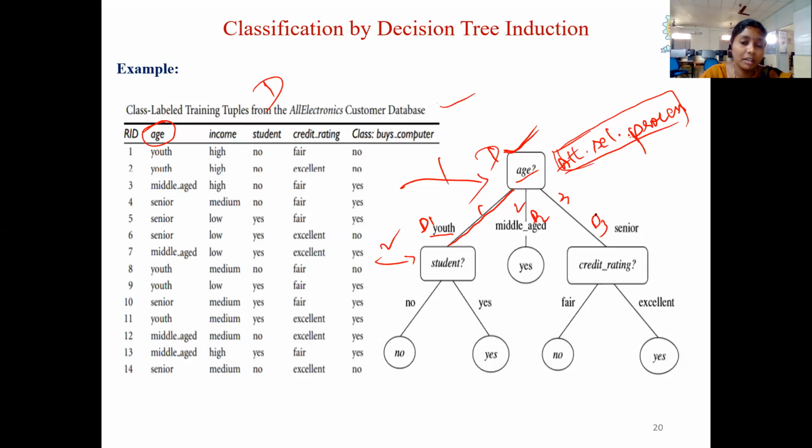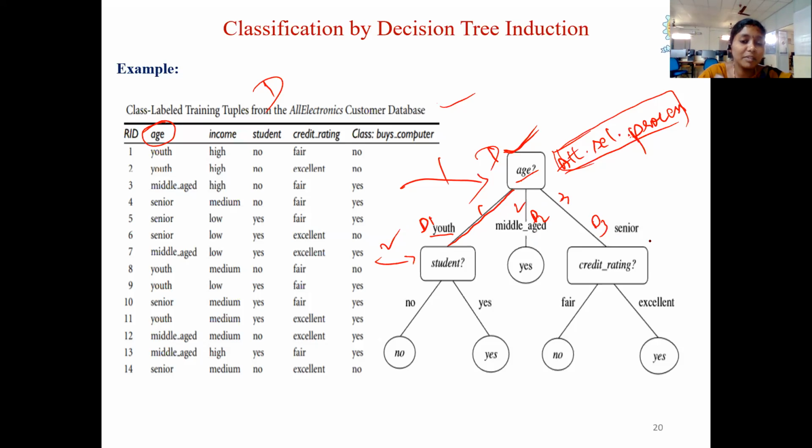How is it divided? Based on the result. D1 consists of all the data elements whose age belongs to youth. Similarly, D2 partition consists of the data elements whose age belongs to middle age. Similarly, D3 partition consists of the data elements whose age belongs to senior.